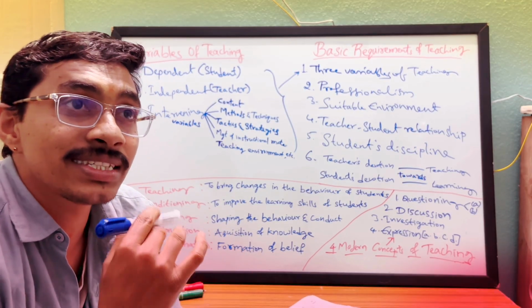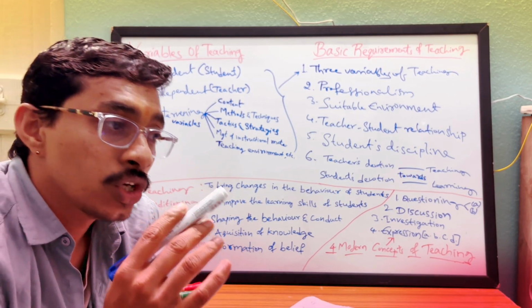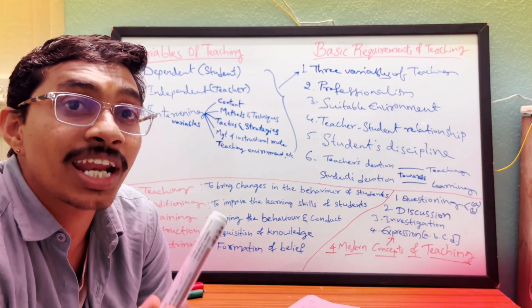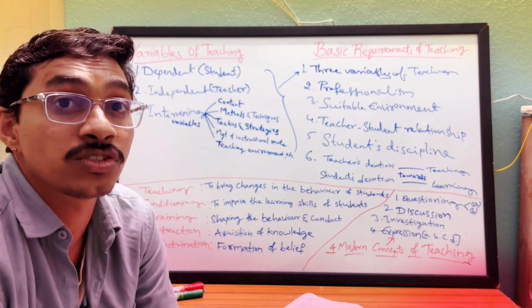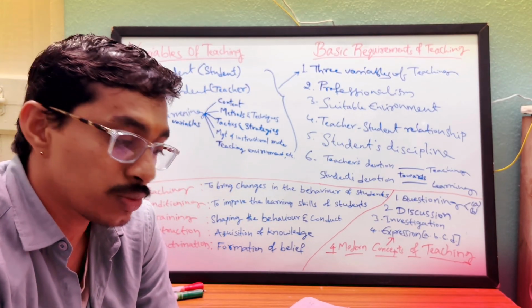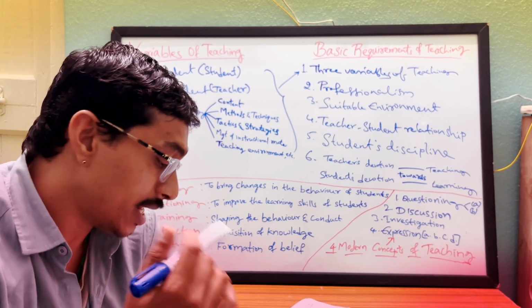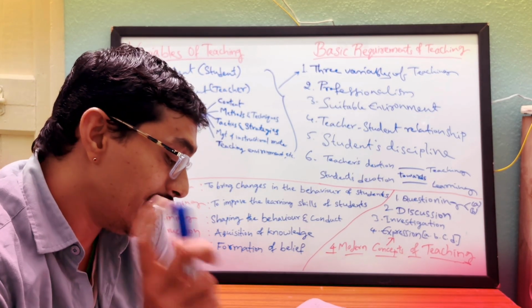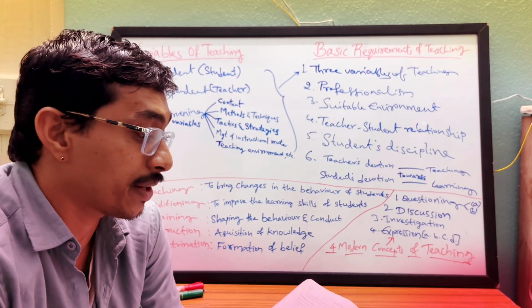Various levels will be there, so at all levels, development is required. That's why it's called all-round development. In physical level also, physical, mental, emotional, social. Those points will be coming later. So the main objectives of teaching are learners' growth and all-round development.